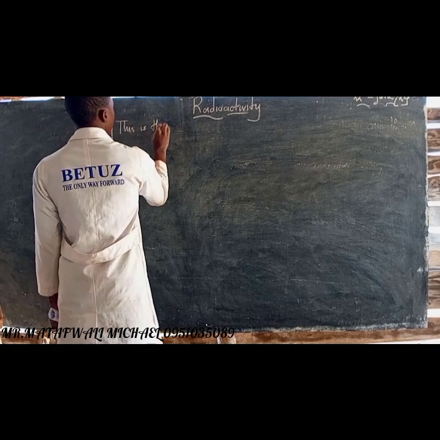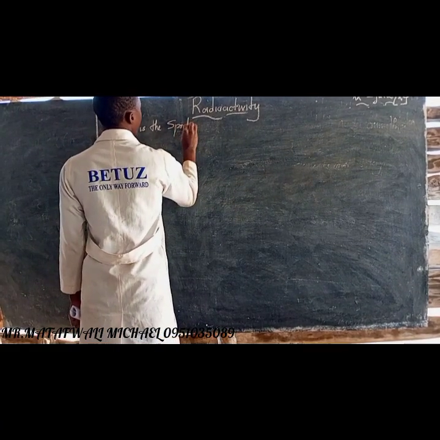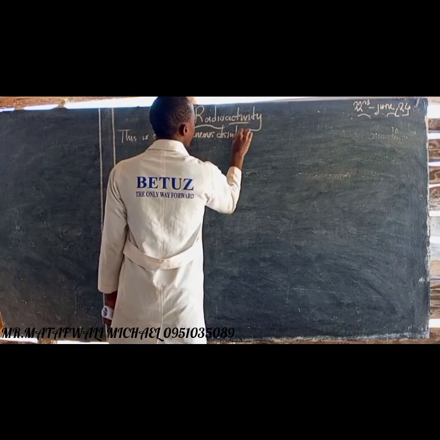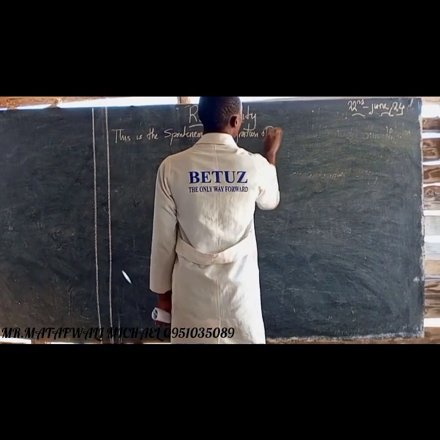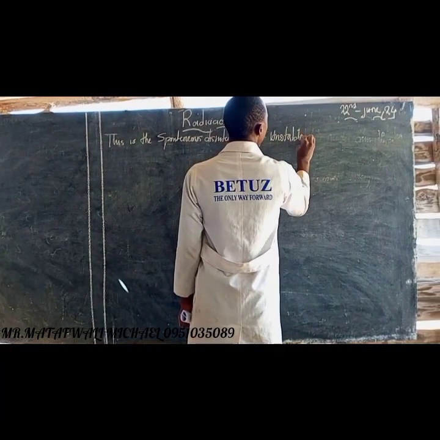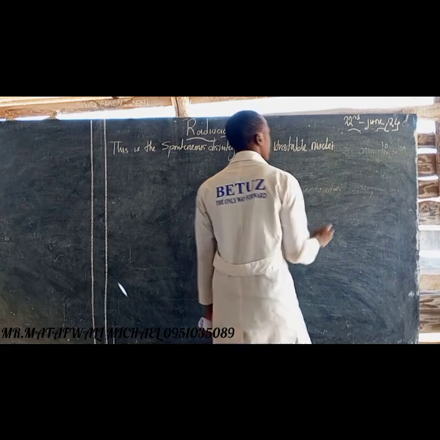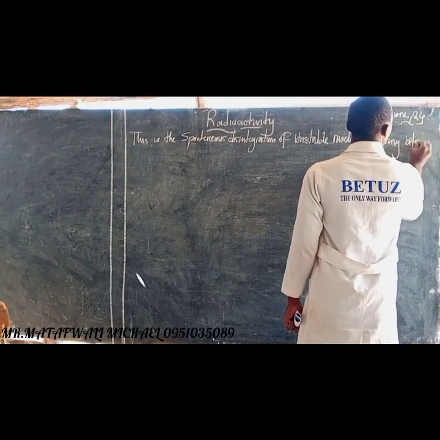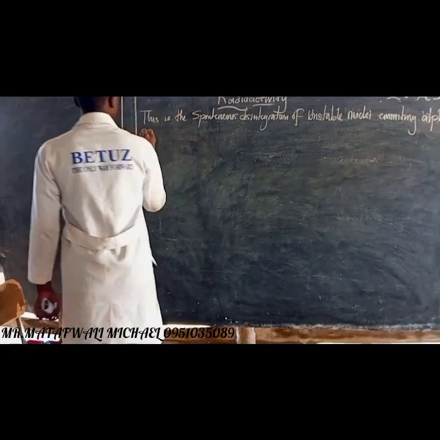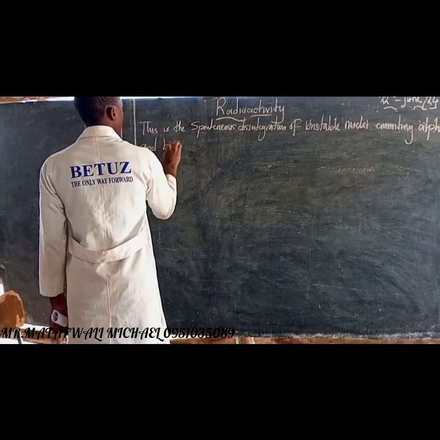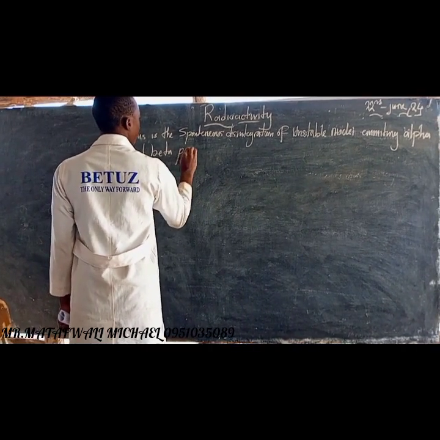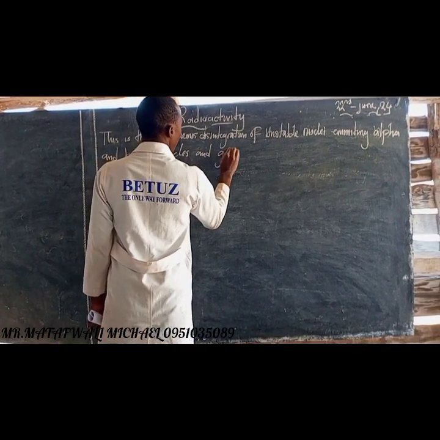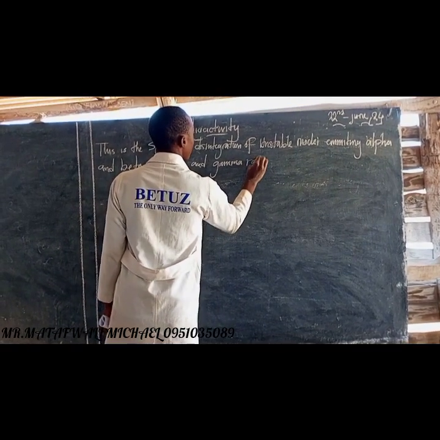So we are going to write the definition of radioactivity as: this is the spontaneous disintegration of unstable nuclei emitting alpha and beta particles and gamma ray.